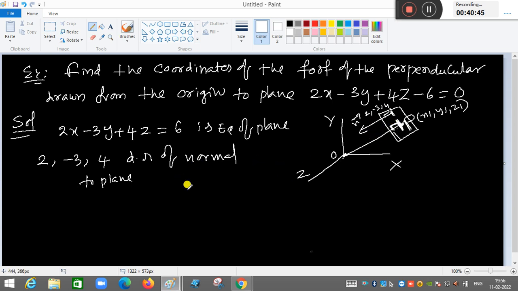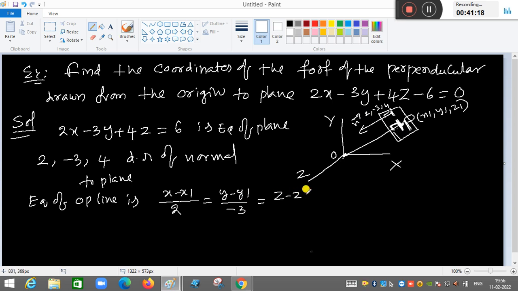Now we write the equation of the line OP. The equation is, passing through this point, (x minus x1) by 2, (y minus y1) by -3, (z minus z1) by 4 equal to lambda.